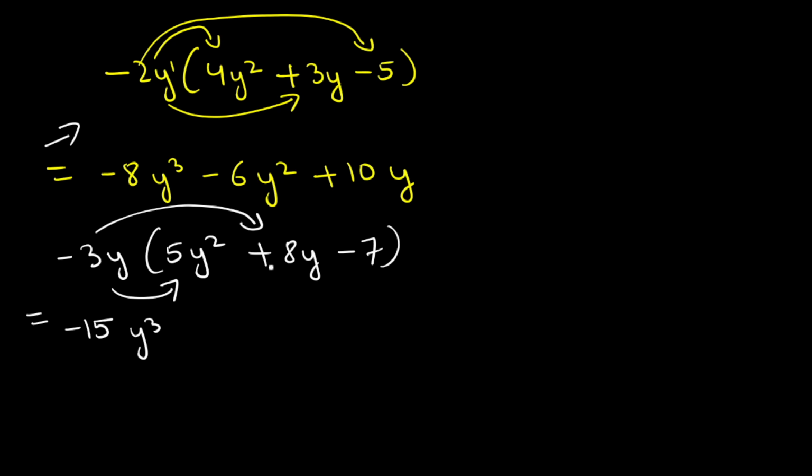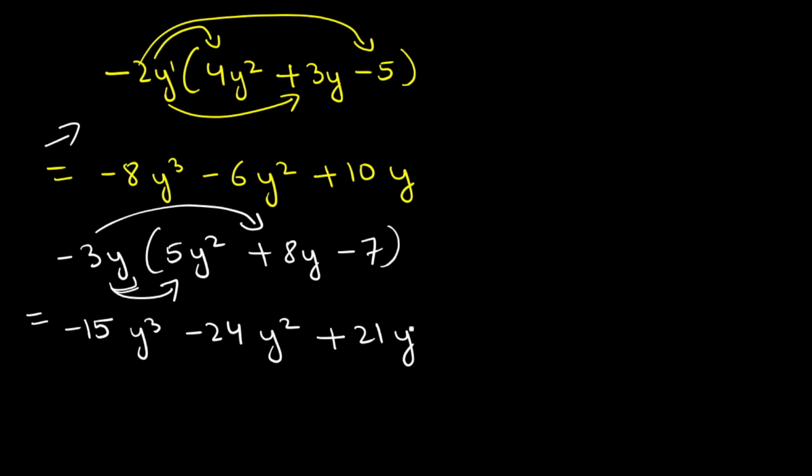Negative 3 times 8 is negative 24, and y times y is y squared. And the last one, 7 doesn't have any variable, so negative 3 times negative 7 is positive 21, and we write the y variable just like that.